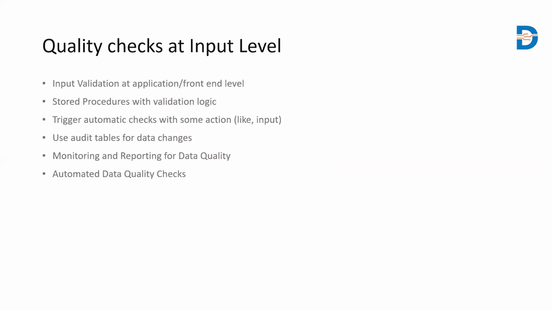At the input level, when the user is finally inputting, usually your SQL is not standalone code. It will have a front end where the end user is entering their inputs, and that is being processed at the back end through your SQL, maintaining all these entries in a data table that will be further used by the remaining applications. When the user is entering an input, we could validate the input at the application level or front end level, to restrict incorrect entries, ensuring that data that reaches the database is already pre-validated.